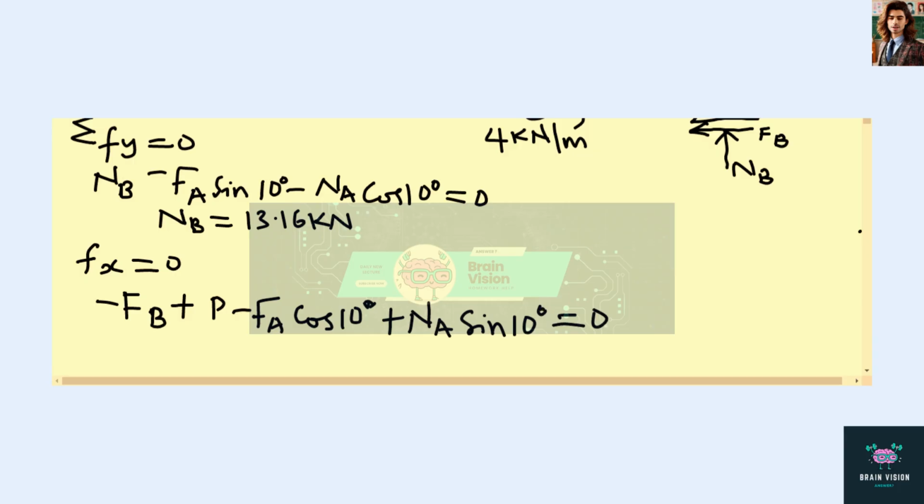When you solve this, your P should be equal to 5.53 kilonewton. So this is the force that is required to pull out the wedge.